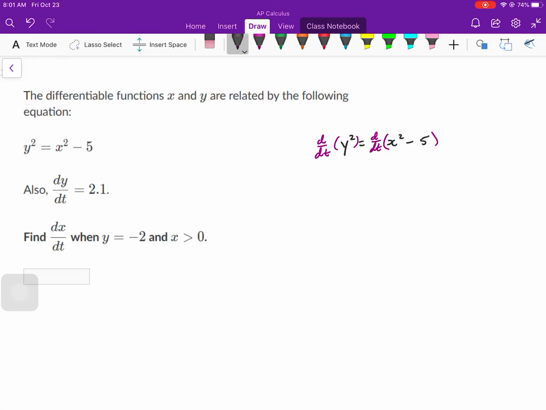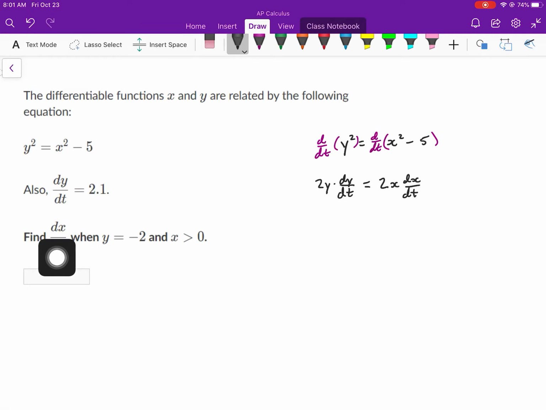This becomes 2y times dy/dx, or dy/dt, excuse me, because we're taking the derivative with respect to time. Then this one becomes 2x dx/dt. And the derivative of 5 is just 0, so it goes away.